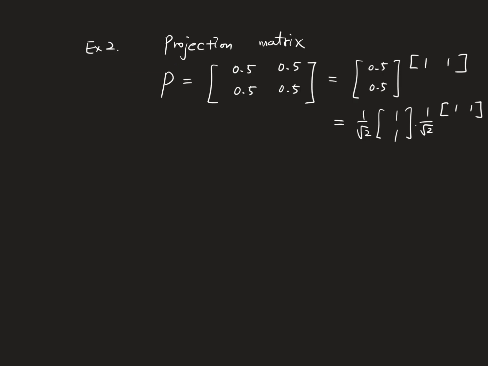So this is an example of a projection matrix, and we can see that this is a rank 1 matrix. We can think of this as just q q transpose, the outer product of that vector.